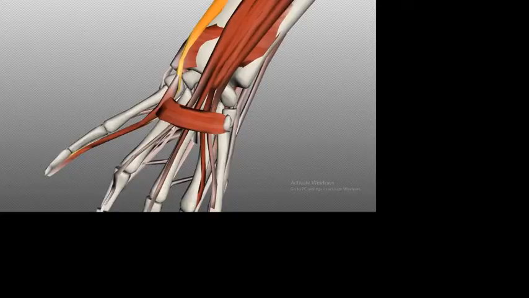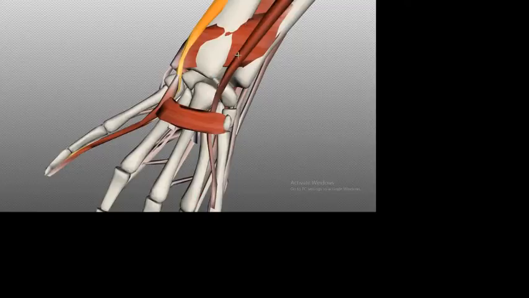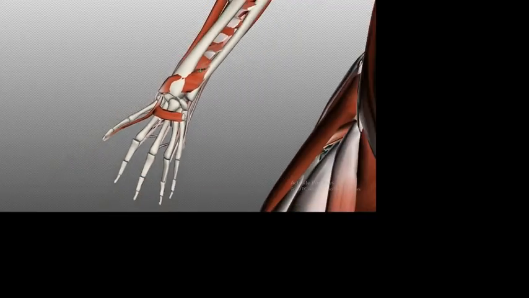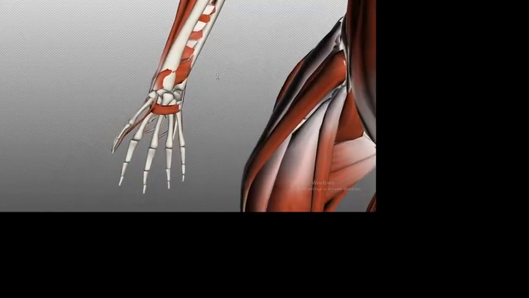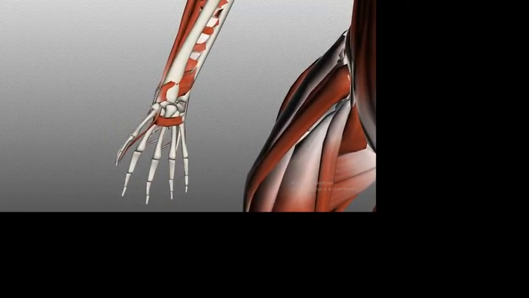So from its rectangular shape, quadratus referring to its four sides. So I've just removed the flexor pollicis longus and the flexor digitorum profundus, and you've got this pronator quadratus.